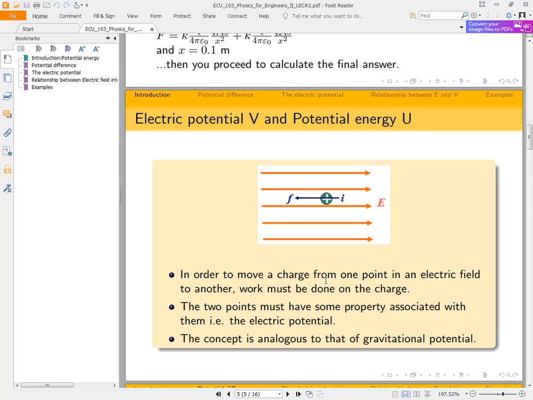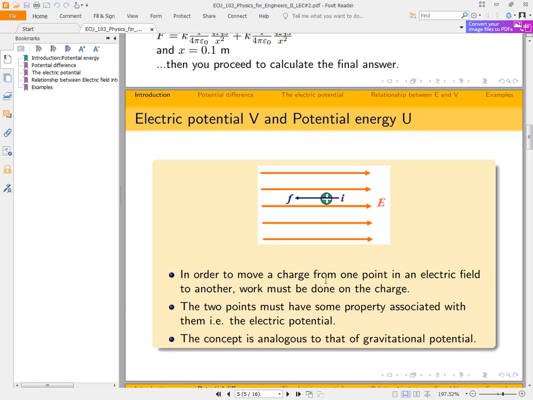In that case, the work done becomes negative. And if the force and field intensity are in the same direction, then you expect the potential difference to be positive. So what I am trying to say is that the work done in moving a charge from one point to another is equivalent to the potential energy.